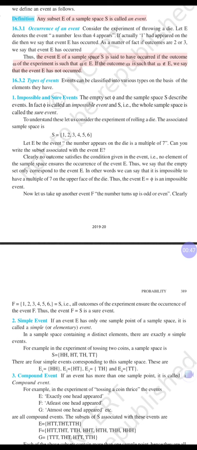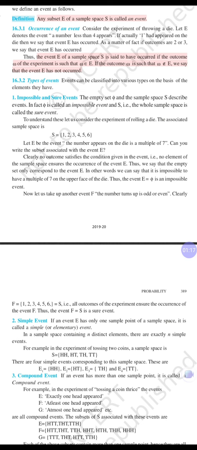Any subset of this sample space, this is a set S, which is written here, this is a set. We can take any subset from this. Any subset made out of this sample space will be called an event. Like here for simple events, we have written e1, e2, e3 and e4.